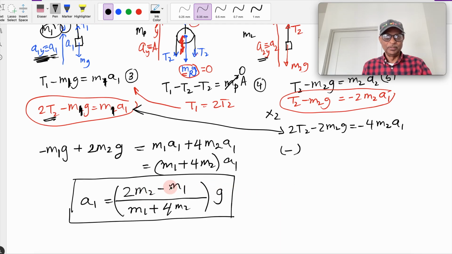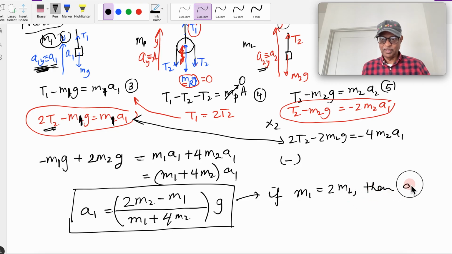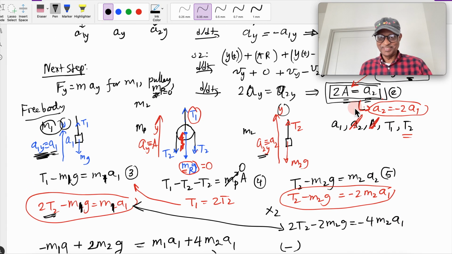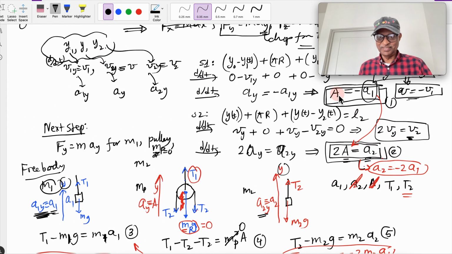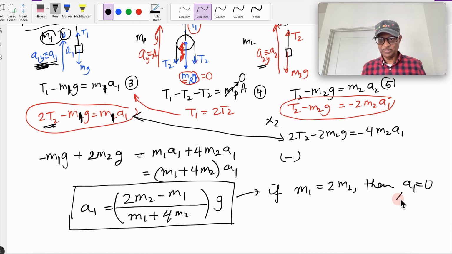Clearly, interpreting this, if M1 is 2M2, then A1 is 0. If A1 is 0, then A is 0. If A is 0, A2 is 0. This just means everybody has no acceleration.